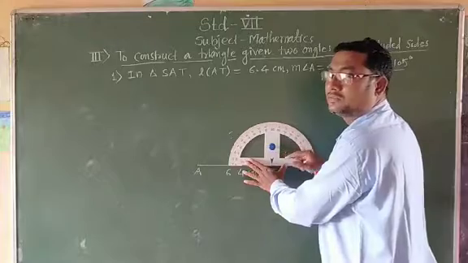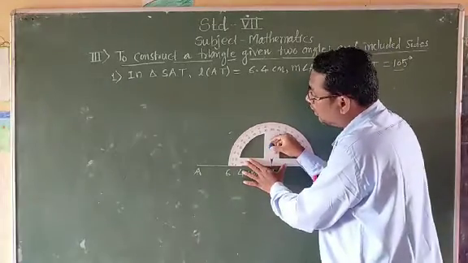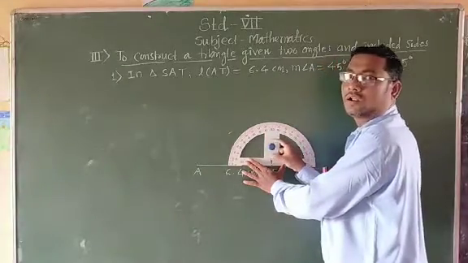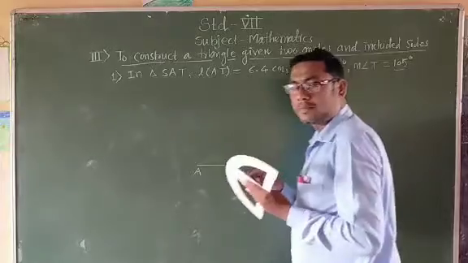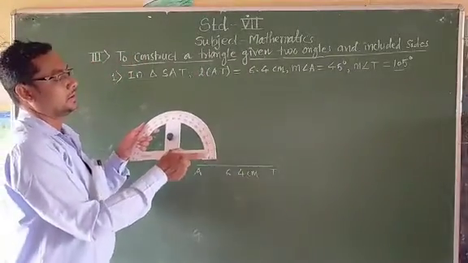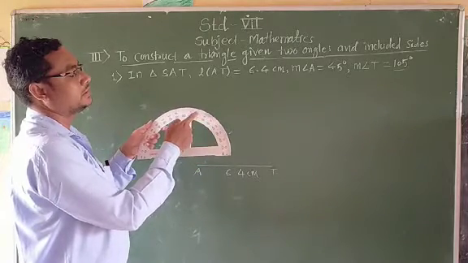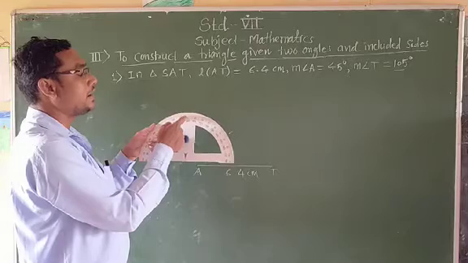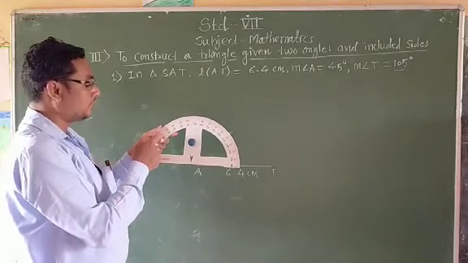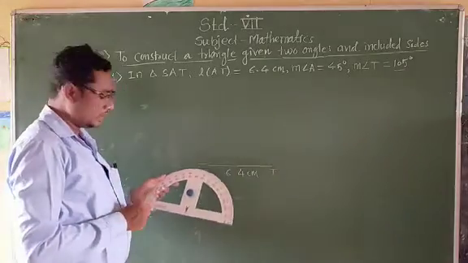Here you are making the mistake. तुम्ही इथे चुका करता. We have to decide the angle according to the position of the protractor. कशा प्रकारे आपण protractor ठेवतो त्यानुसार बघा, 0, 10, 20, 30 up to 180.